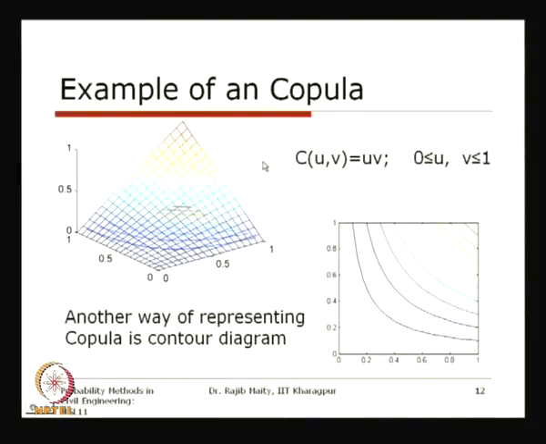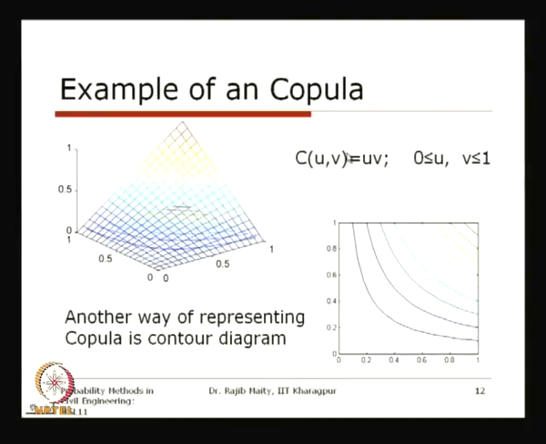At 1 and 0.5, for example, if one is reaching 1 and the other is 0.5, the value of the function is 0.5, and this is true for this entire straight line, which can also be cross-checked from here. If we put one value equal to 1, the value of the function equals the value of the other argument. So this is also satisfied.